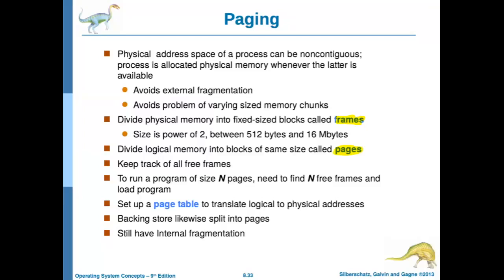But with segmentation, we slightly modified it because each and every segment can be loaded anywhere. So we have a segment table, which includes the base address and the limit. Why is a separate table required here? Because the memory required by the process is available at different locations.